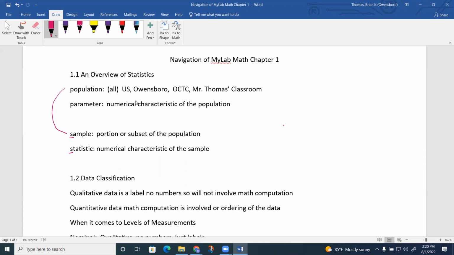So we're going to be involving some type of number, whether it's a fraction, decimal, integer, whole number, percent, all of that can be involved. So in 1.1, look for the words population and sample. You're also going to see the words parameter and statistic. Note that population and parameter both start with P, so they're going to go together as well. Sample and statistic both start with S, so they're going to go together as you work through 1.1.